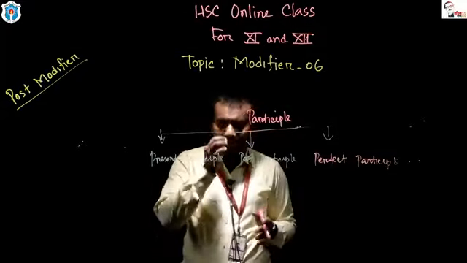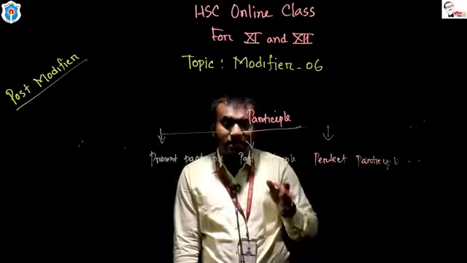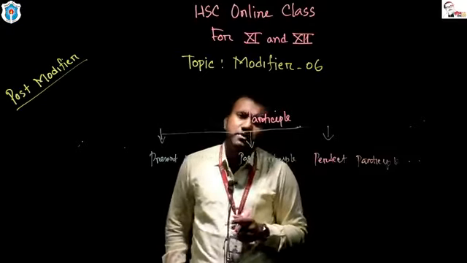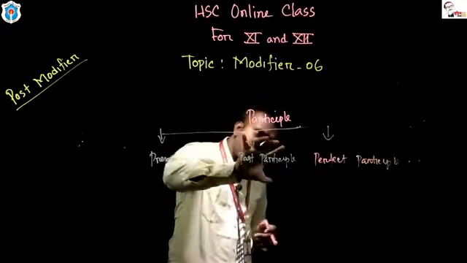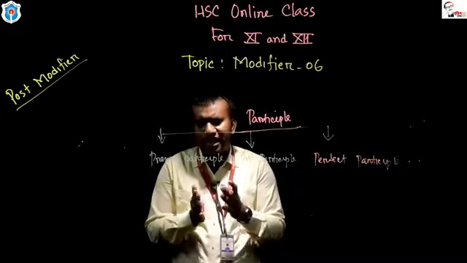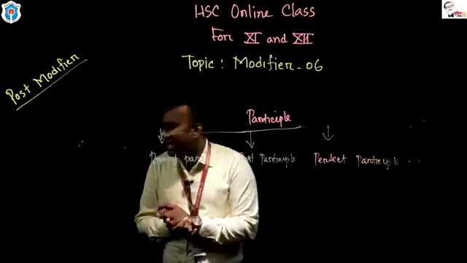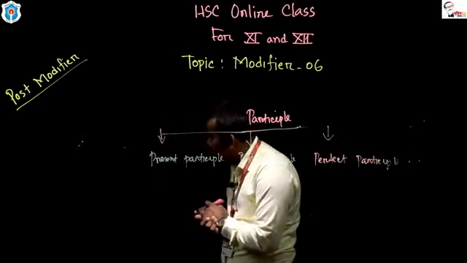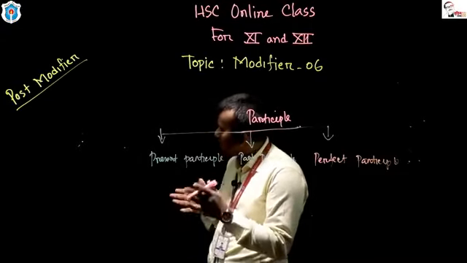In the meanwhile, I have told you that participles work as adjective. And this conception should be crystal clear to you. Present participle, past participle, and perfect participle always work as adjective.